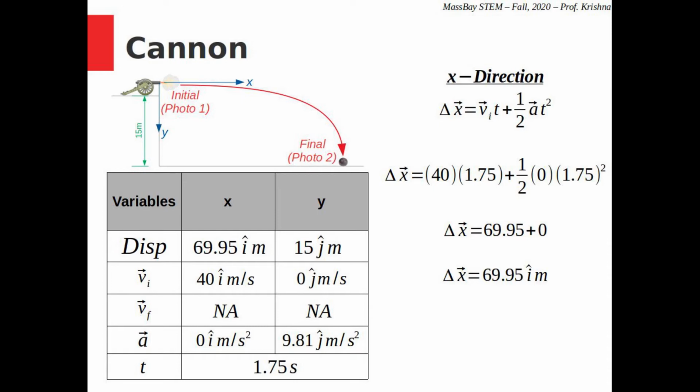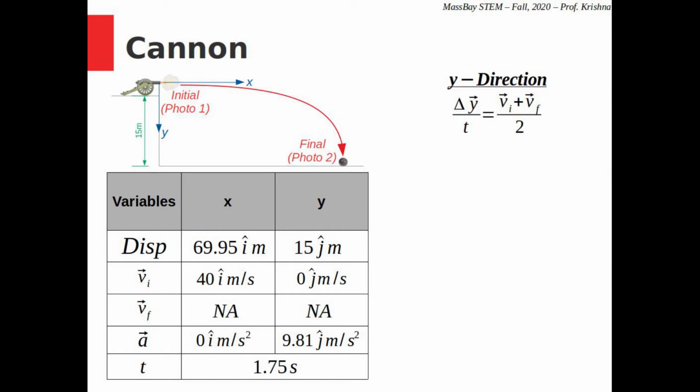We've now solved the puzzle, but while we're at it, we can also find the final velocity in both directions at the landing point. In the y direction, we can use equation 3 to find the final velocity.